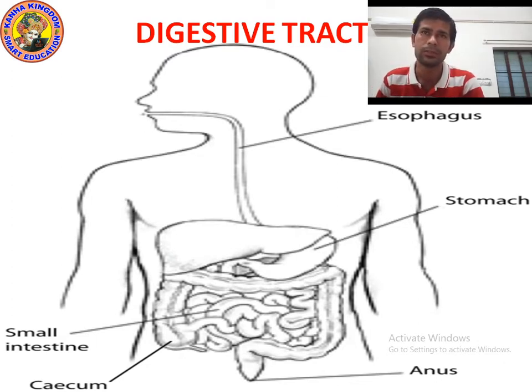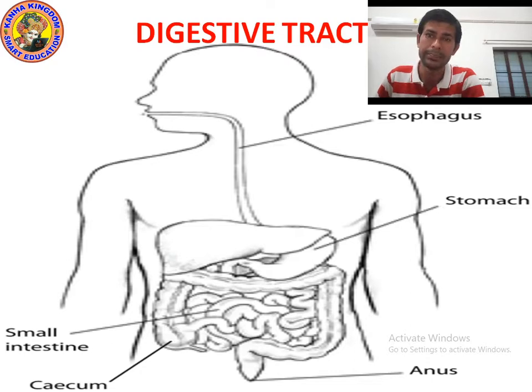And associated glands also, like salivary gland, pancreas, liver. These are associated glands. Pancreas releases pancreatic juice, saliva releases salivary juice, a kind of juice, and liver releases bile juice.